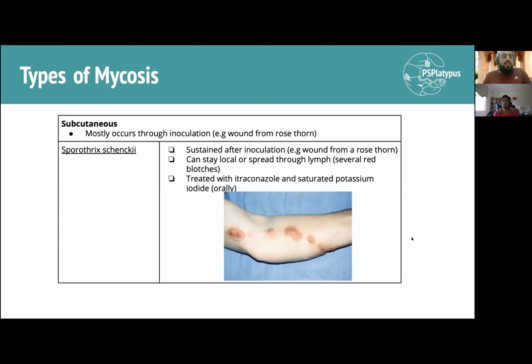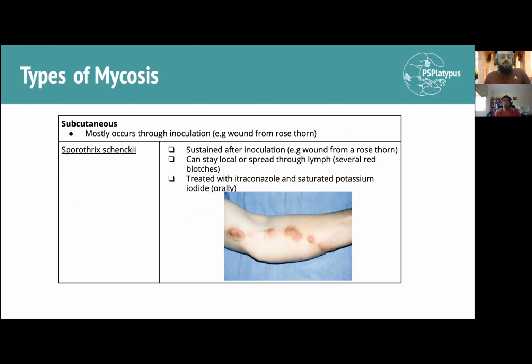Then we have the subcutaneous mycosis. They mostly occur with inoculation, for example, a wound from a rose thorn.